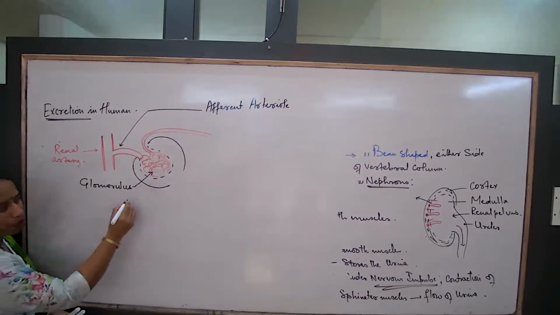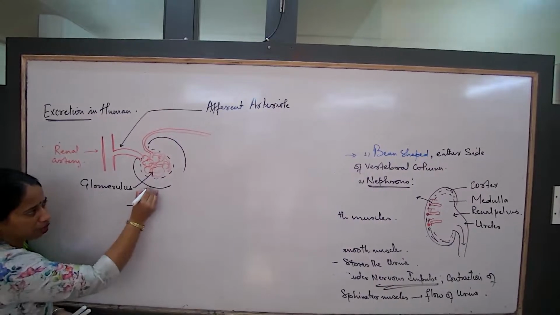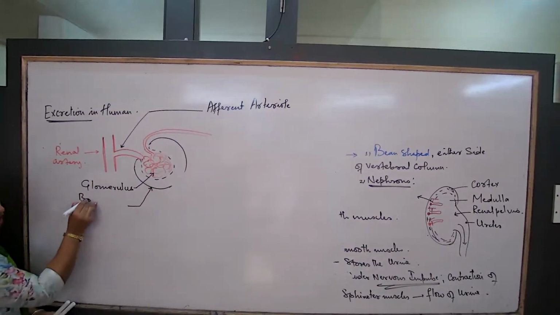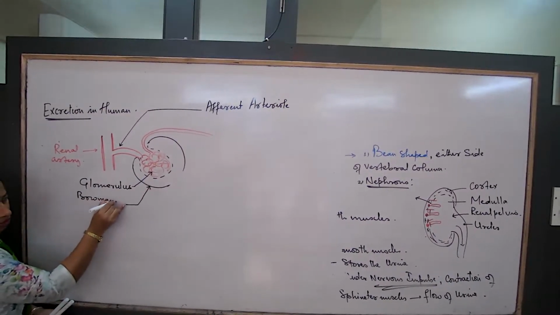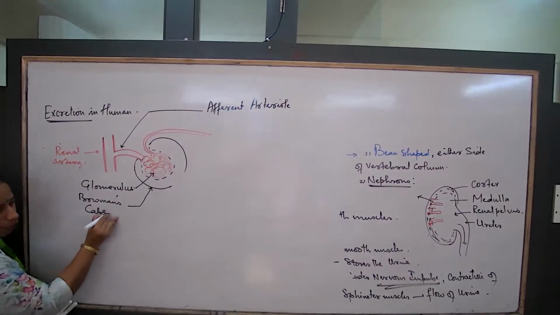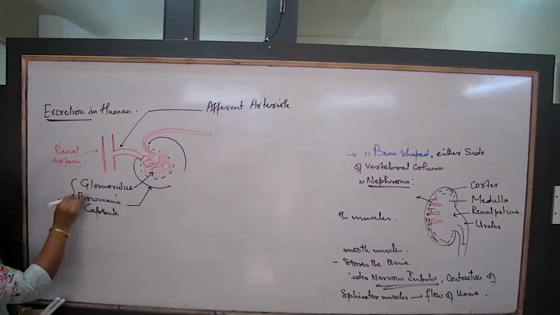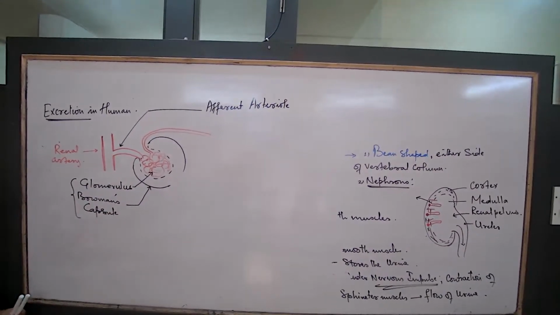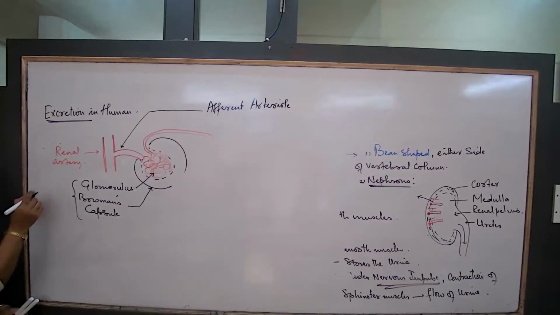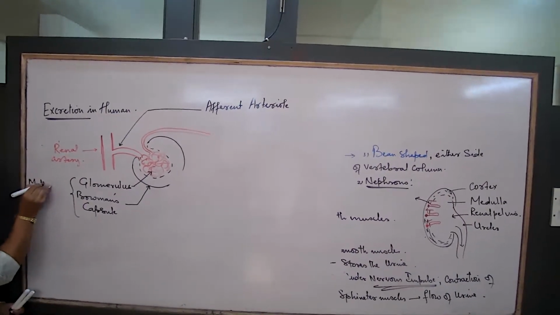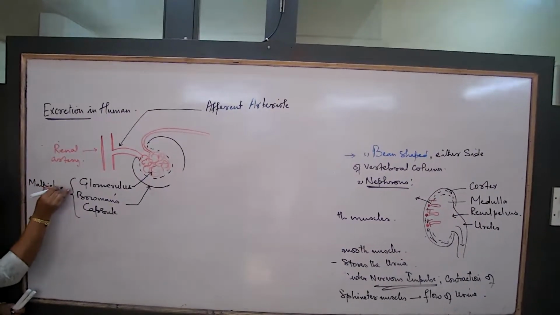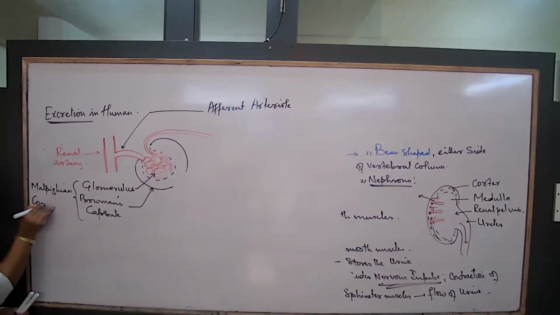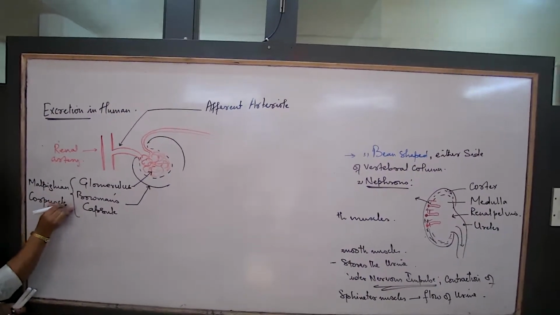What will we call this double-walled cup-shaped structure? This double-walled cup-shaped structure is known as the Bowman's capsule. Now this glomerulus and Bowman's capsule together, which form the head part of the nephron, we will call the Malpighian body or Malpighian corpuscle.